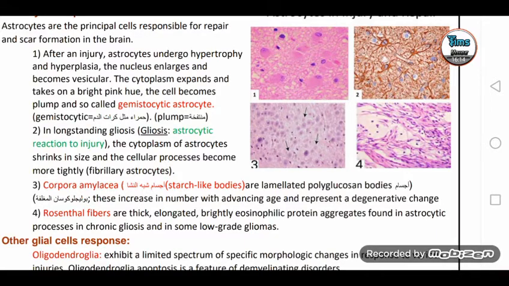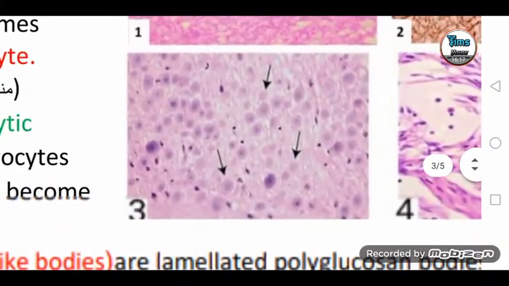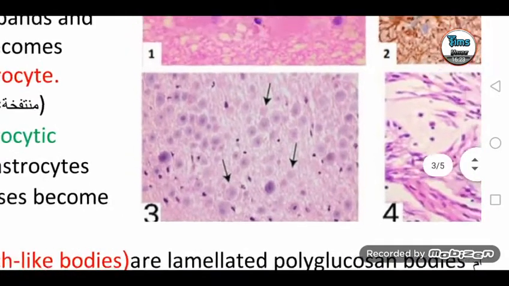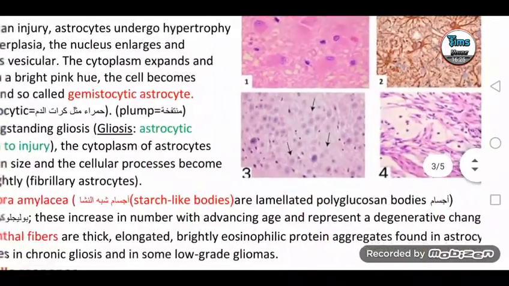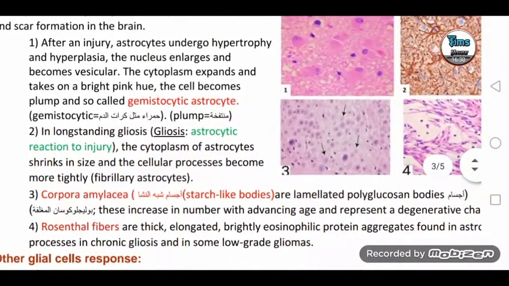You can see this in the microscopic picture number 3. Those are the corpora amylacea or starch-like bodies. Number 4, we're going to talk about the Rosenthal fibers.